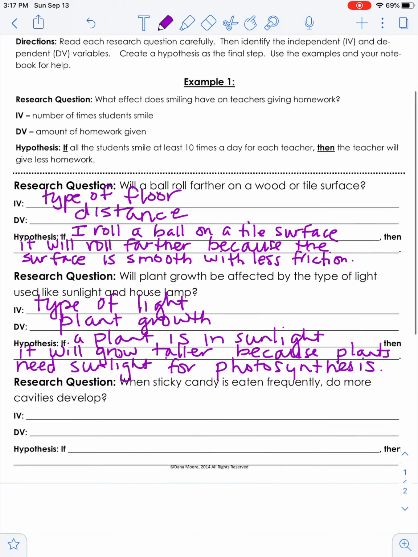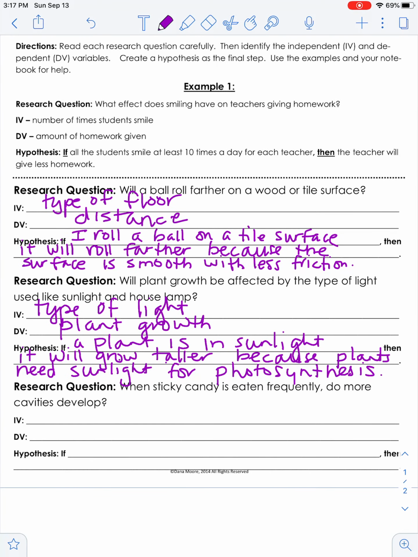Okay, so let's look at our third one that says, when sticky candy is eaten frequently, do more cavities develop? So the one thing that we are purposely changing would be the amount of candy, or how often candy is eaten. What am I going to measure then?